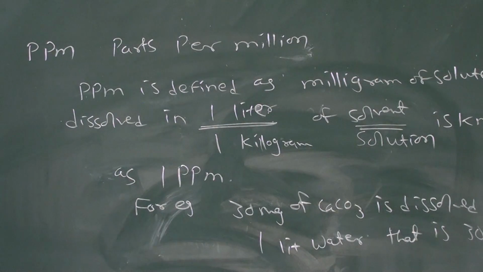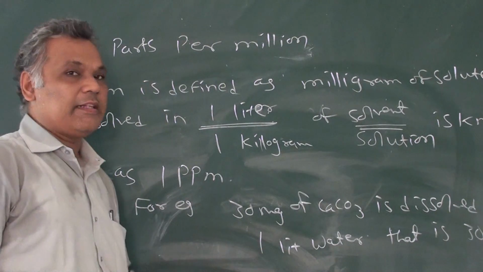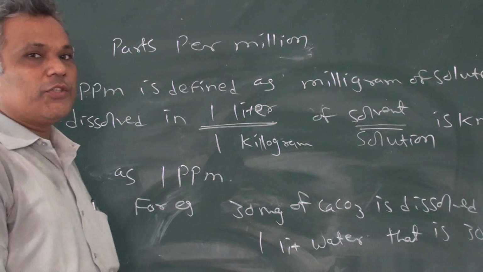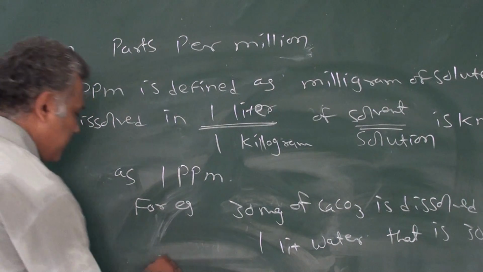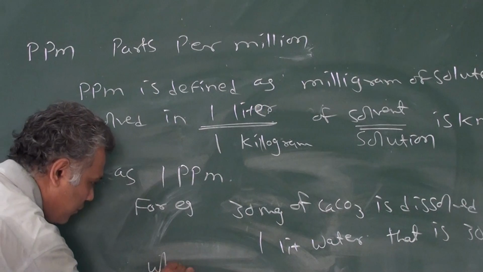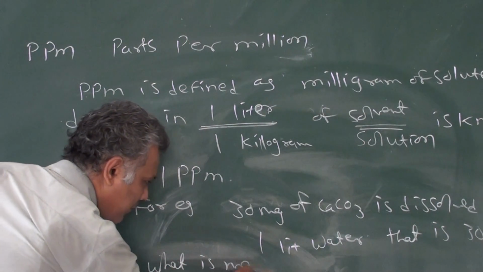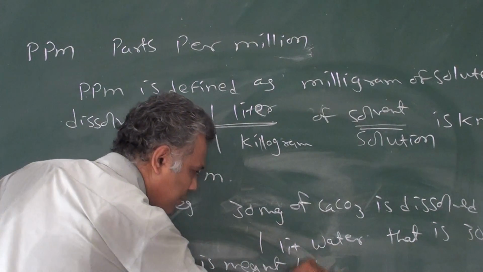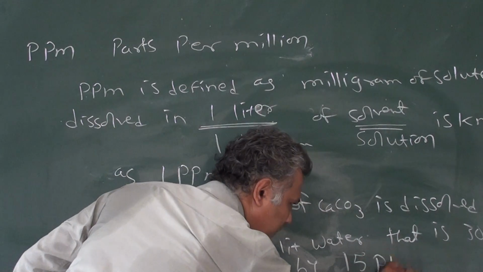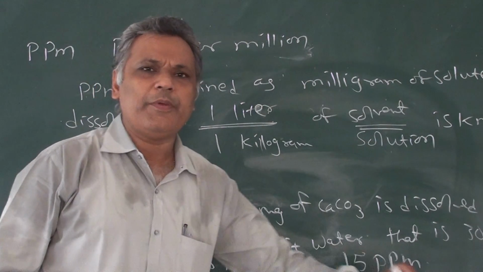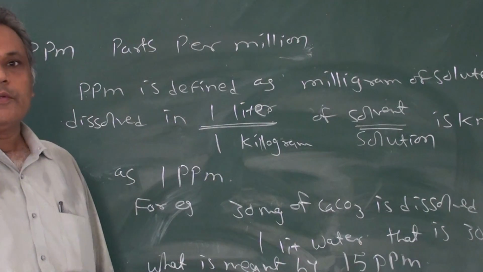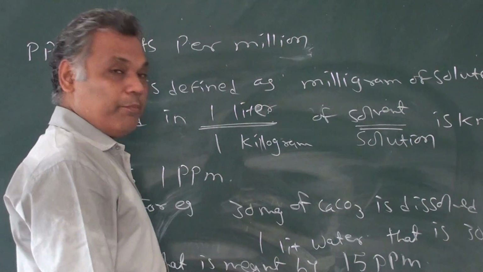So whenever the unit is given to us in terms of ppm, we can say that much amount of milligram in a solution. Or in other words, if I want to understand what is meant by 15 ppm. Suppose in the numerical it is given to me 15 ppm of solute. So what does this 15 ppm mean?